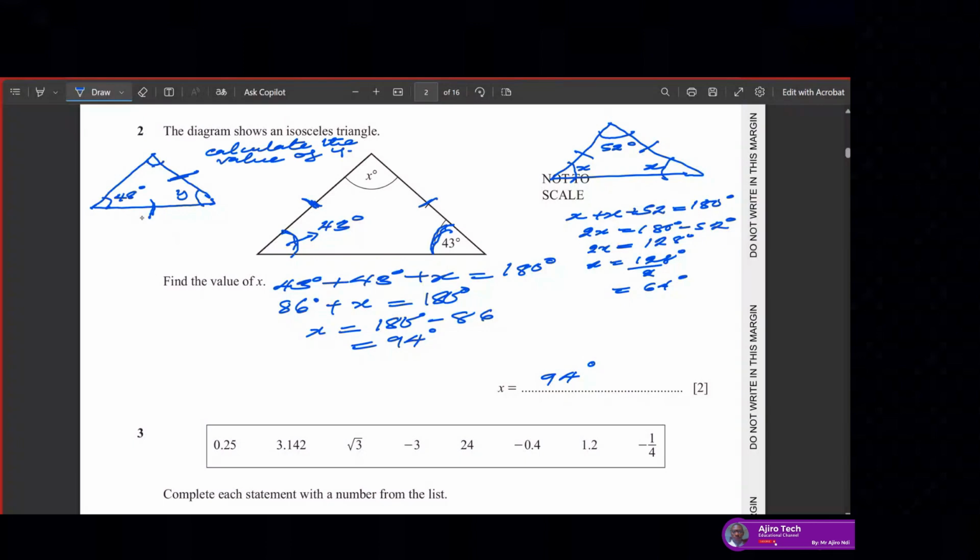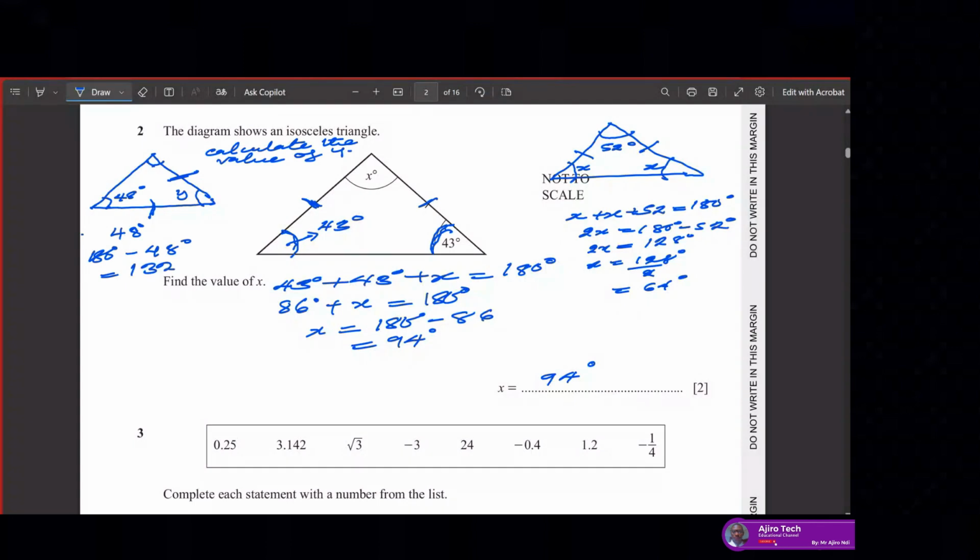How do we get 66? So 48 minus 180 is 132. Since the one on top and y are the same, divided by 2 is 66.